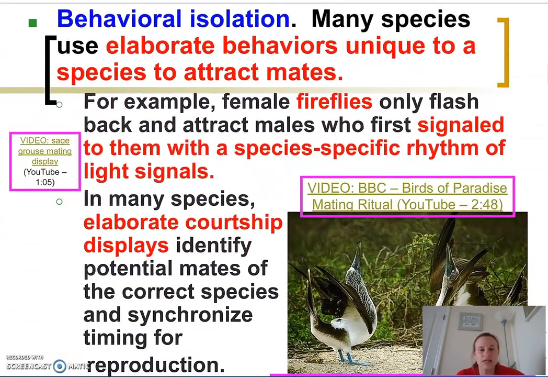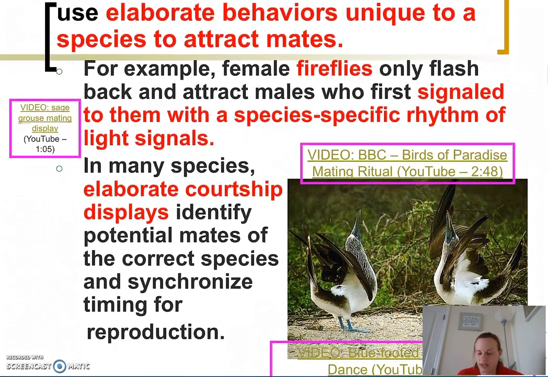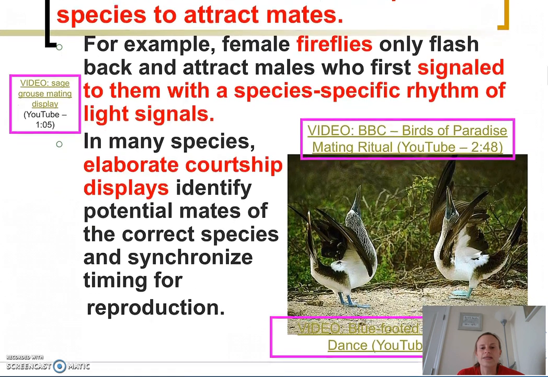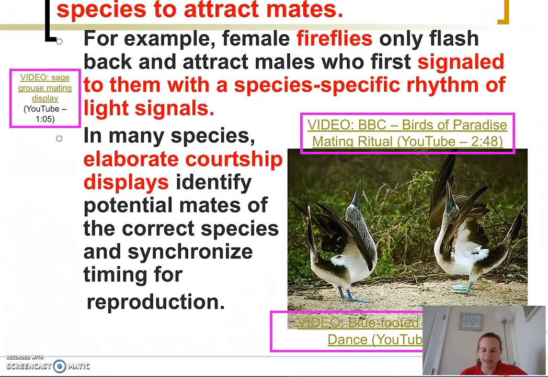Behavioral isolation is another type of prezygotic barrier where many species have elaborate behaviors such as mating songs or mating dances in order to attract your mate. A key example are the mating dances of the blue-footed boobies. Blue-footed boobies can only mate with other blue-footed boobies.